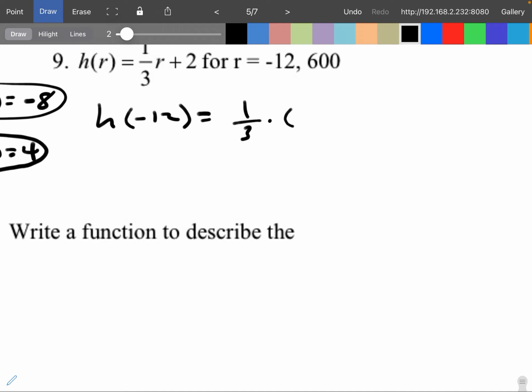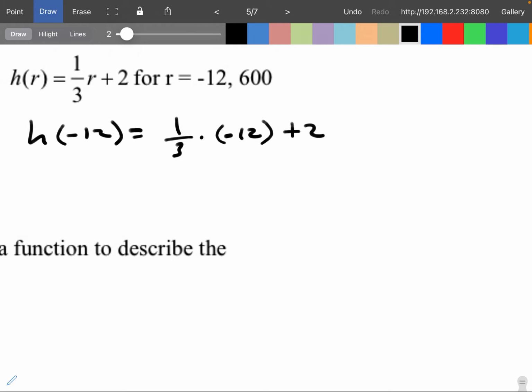And then number 9. So number 9, we got to do h of negative 12. So that's 1/3 times negative 12 plus 2.